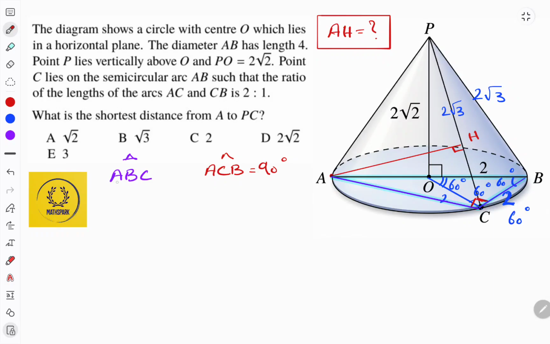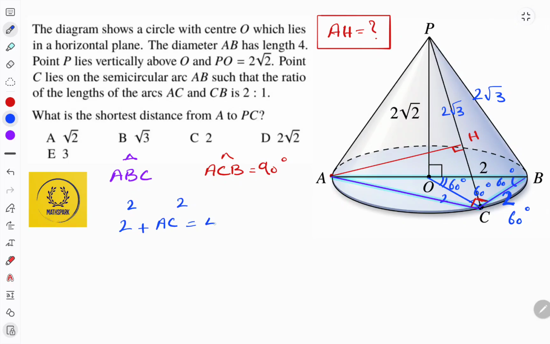Okay, so triangle ABC is a right angle triangle, and we know that BC is 2 and AB, which is the hypotenuse of this triangle, is 4. So I'm going to use the Pythagorean theorem to find the length of AC. BC squared plus AC squared equals AB squared.